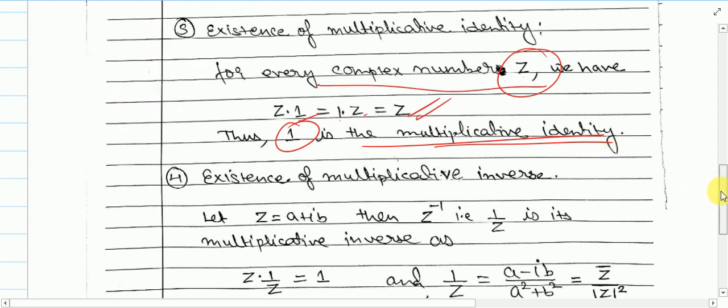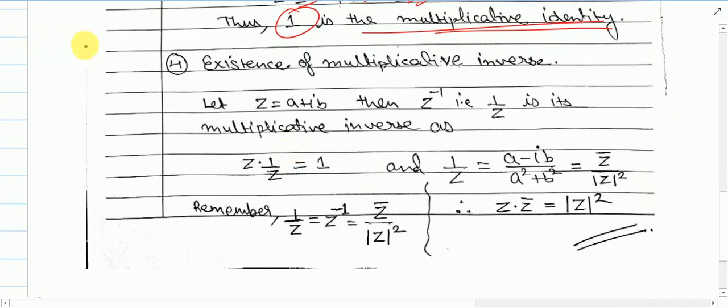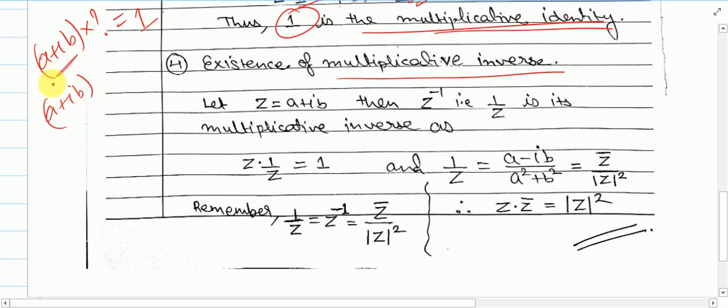Next is multiplicative inverse. Let's say I have a complex number a plus ib. Now what should I multiply over here to get 1? I should multiply the reciprocal of this, then only I'll get 1. These two will cancel out and I'll get 1.